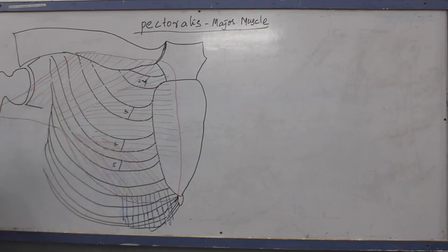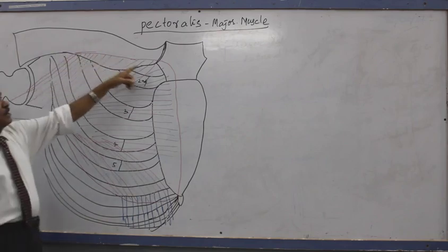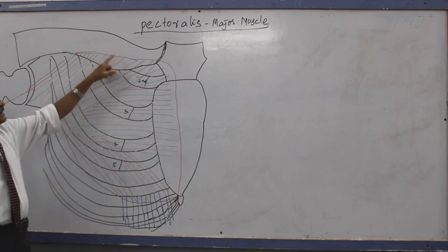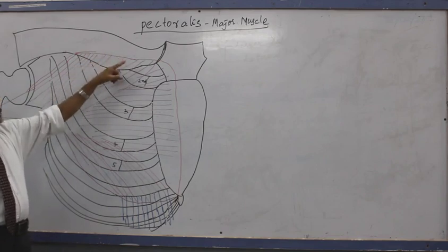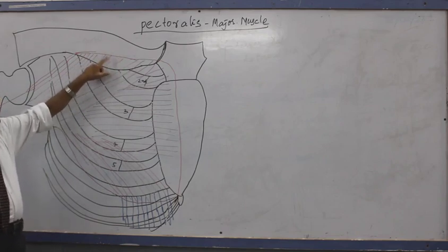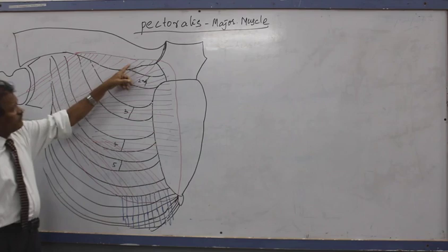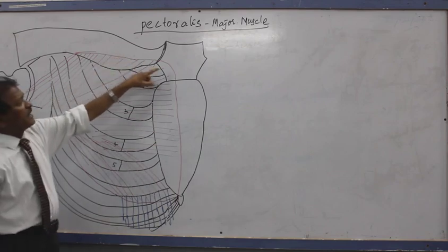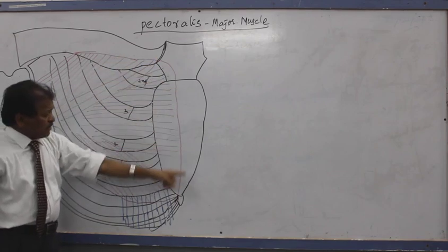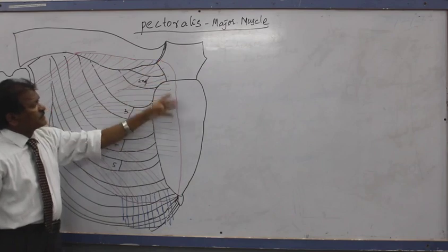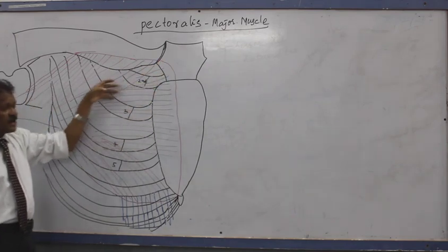Once again, the superior muscle fibers are formed by the clavicular fibers. They arise from the medial two-thirds of the anterior surface of the clavicle, and they descend downwards, forwards, and laterally. The sternal fibers run horizontally.